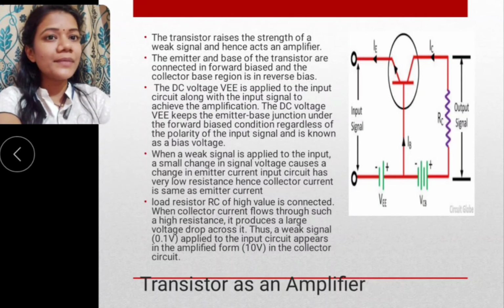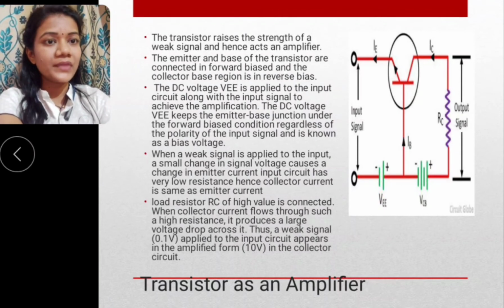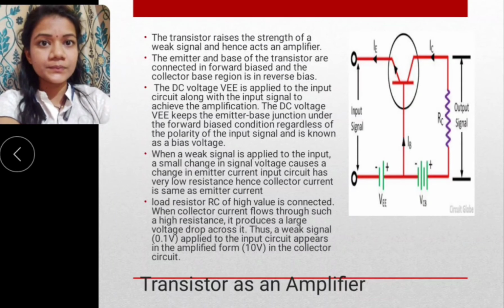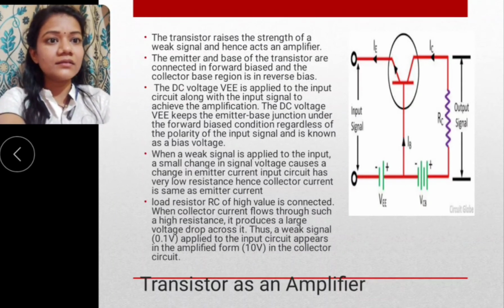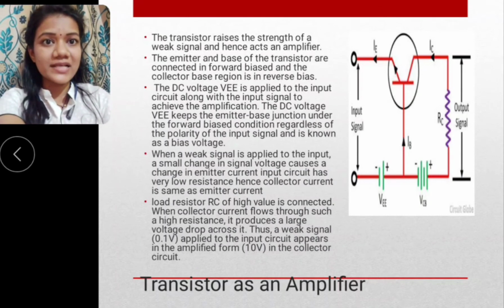The emitter and base of the transistor are connected in forward bias, as your base is connected to the negative and your emitter is connected to the positive. So it is in forward bias condition, and the collector to base region is in reverse bias condition. Base is connected to negative and your collector is connected to the positive, so it is in reverse bias condition.